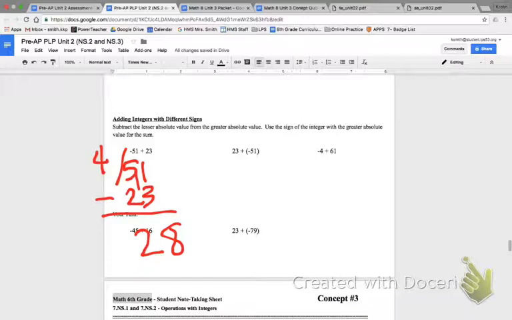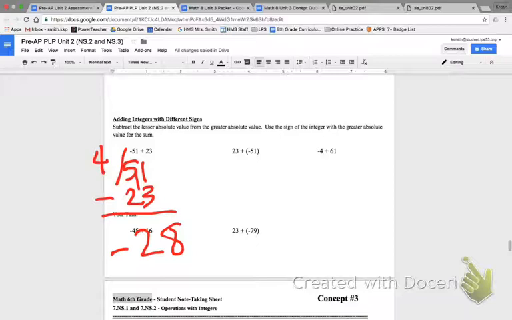Now, I need to figure out if it's a positive 28 or a negative 28. So I go back to my original problem. Which number has the greater absolute value? Negative 51 or positive 23? Great, negative 51. Good job. So because negative 51 has a greater absolute value, my answer is going to be negative 28.